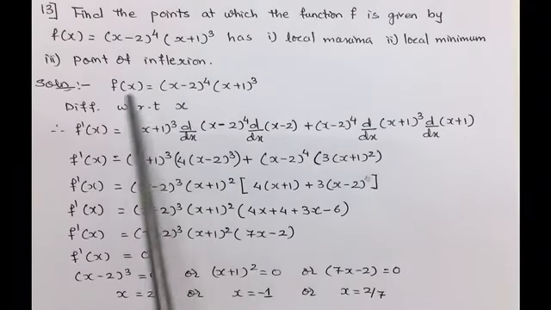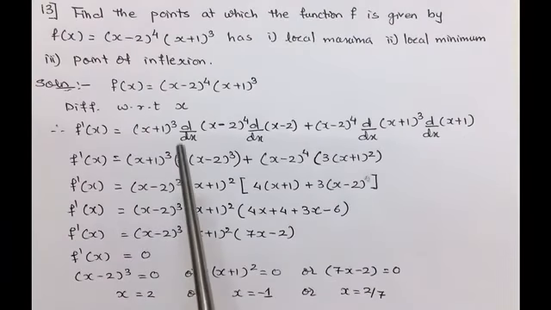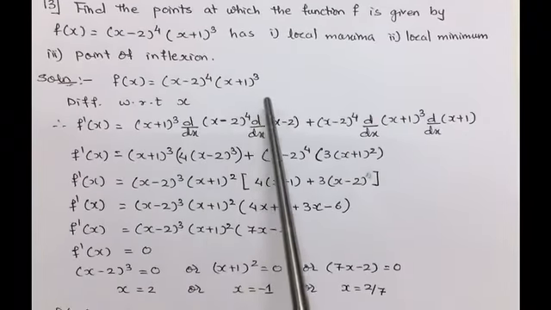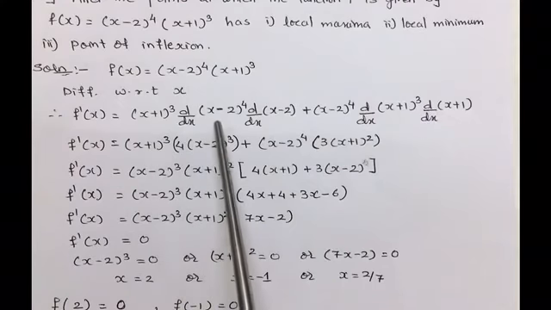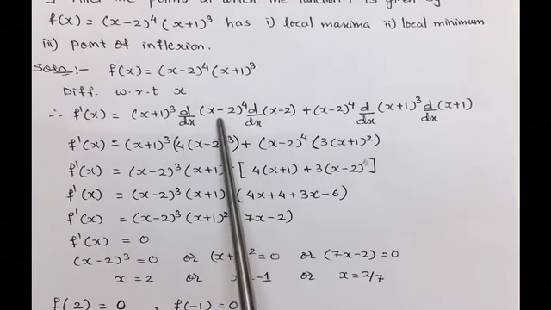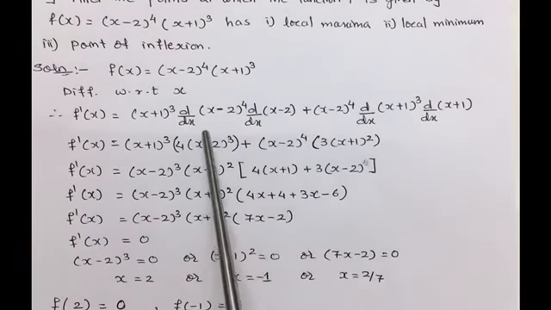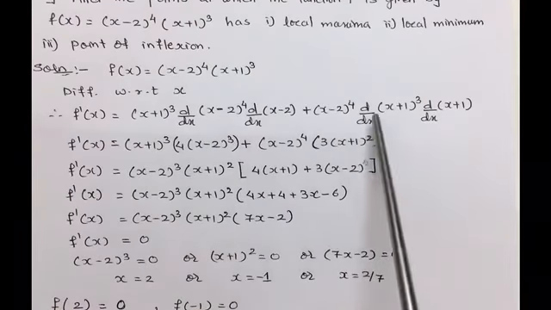So again calculating the first derivative by using the multiplication rule and chain rule. F dash x: x plus 1 cube kept as it is, derivative of the power and the derivative of x minus 2 using chain rule for both of them.